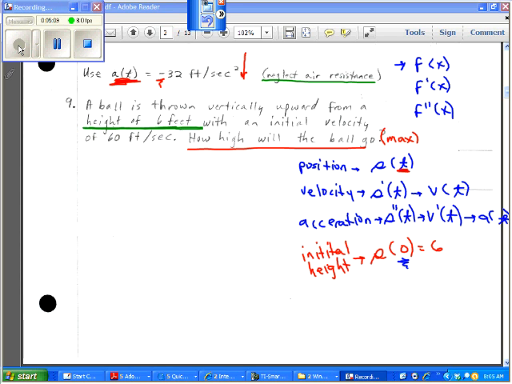Well, we also have initial velocity. The initial velocity is 60 feet per second. Remember that v sub t is the velocity formula, initial velocity. And the velocity at time 0 is 60.